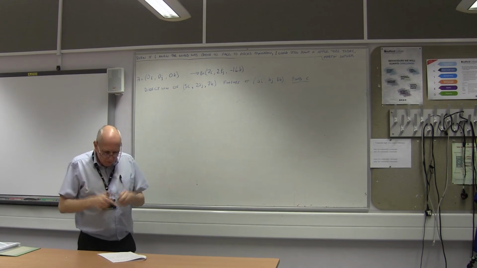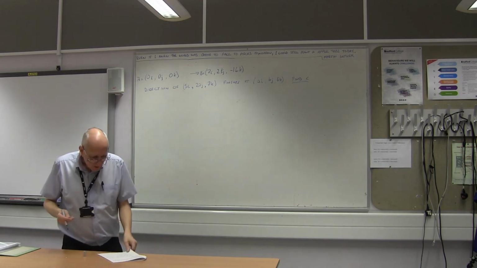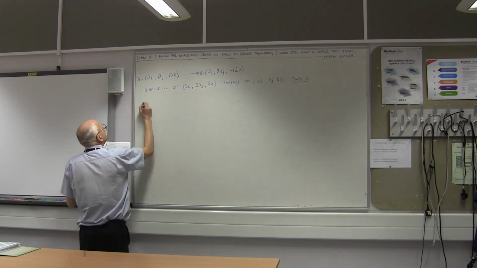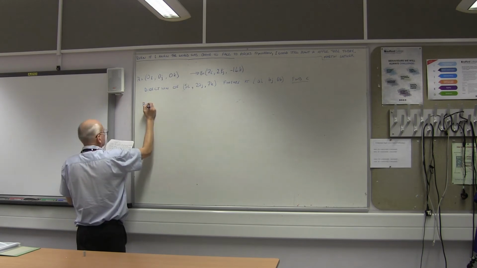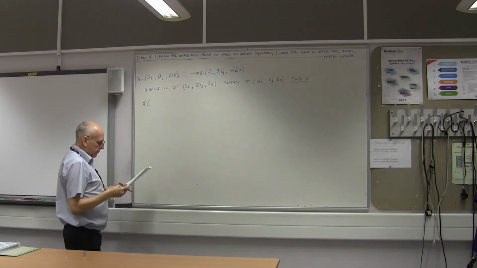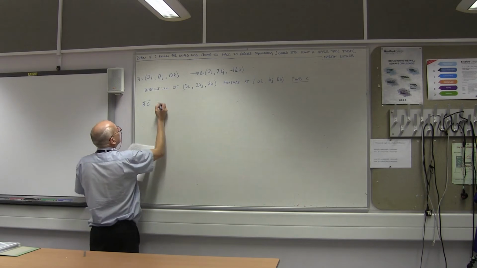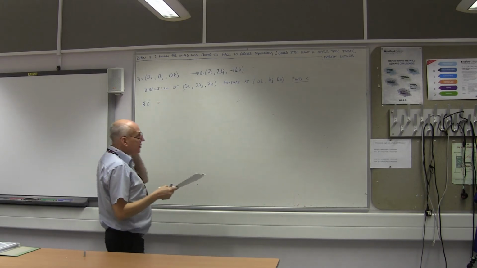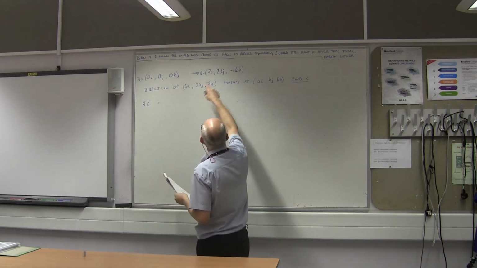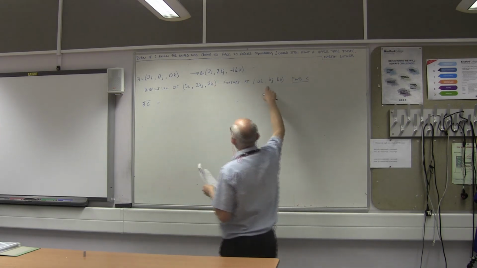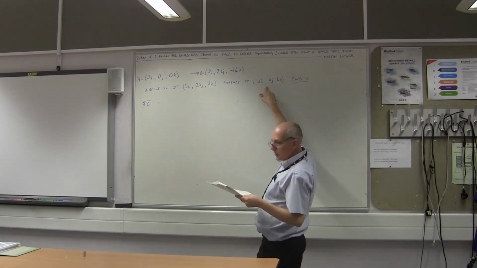So what we've got is, I know this much, that BC. To get to BC, remember I take the starting point, which is here, away from the finishing point. Remember that discussion we had?